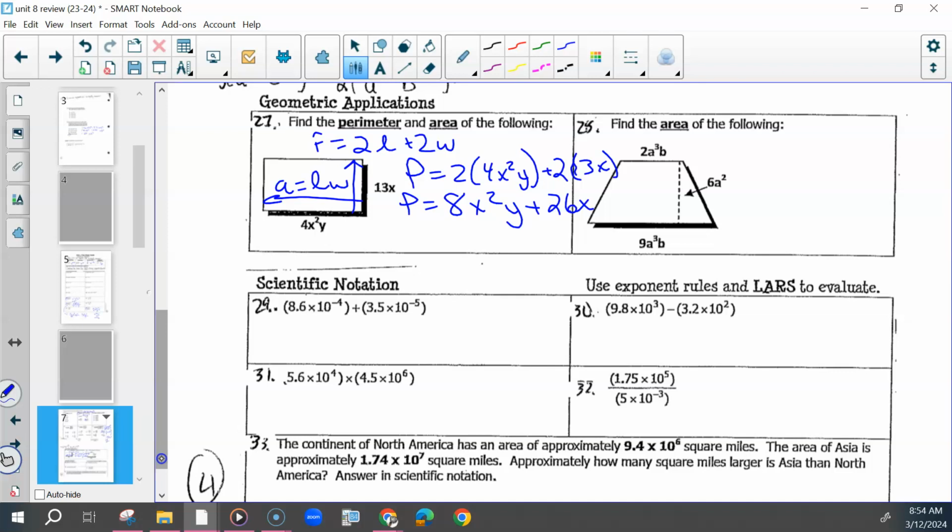Area would be our length times width. We're going to multiply the two together. 4x squared y times 13x. We're multiplying like bases, so add the exponents. Actually multiply 4 and 13, tell me what that is.